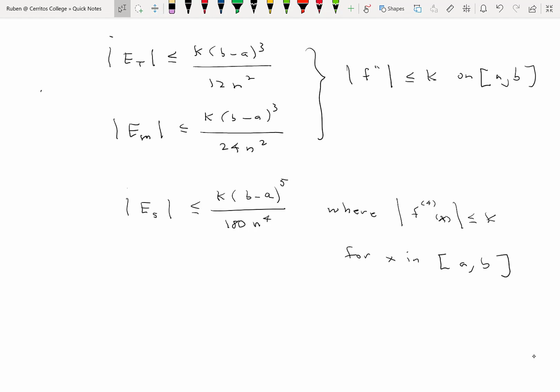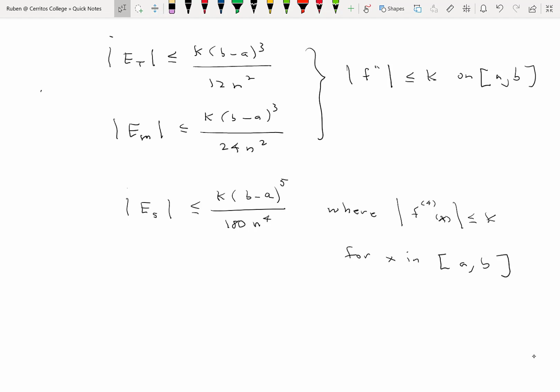It says that the magnitude of the error is no bigger than K, not the same K. Some authors use a different symbol. Our author still uses the same symbol, so we'll be consistent, but we'll have to understand that K is different.